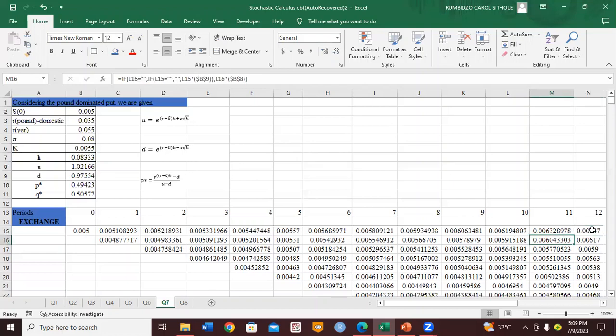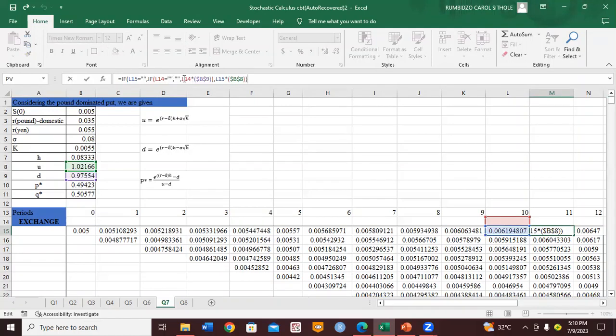And then here, we would have to use the if effect so that if it's blank, it leaves it blank. So if L15 is blank, it will leave it blank. But if it's not, if L14 is blank, it will leave it blank.